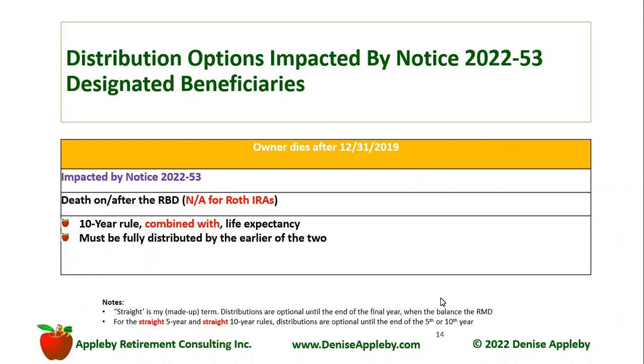And part of the language in the proposed regulation says where RMDs have already begun, it can't stop. So that beneficiary must continue RMDs under the at least as rapidly rule. Michelle, please send me an email. This is very interesting and we need to continue this conversation.